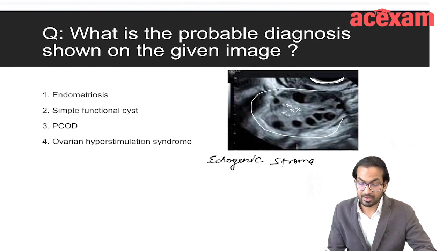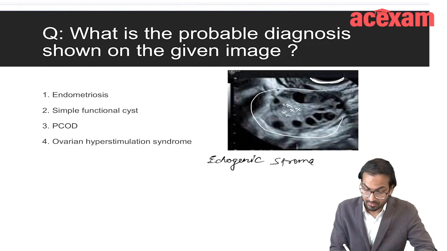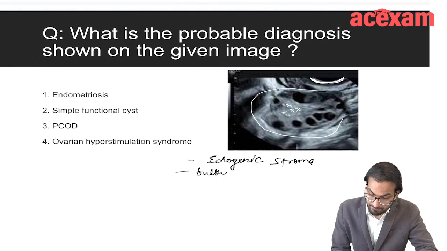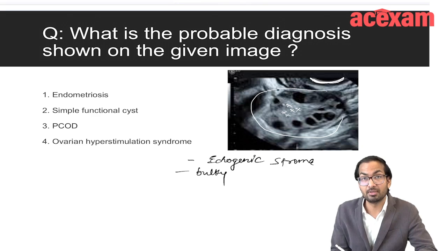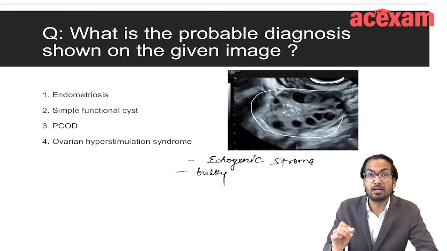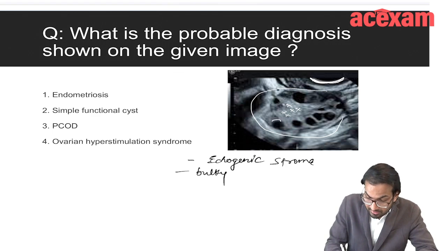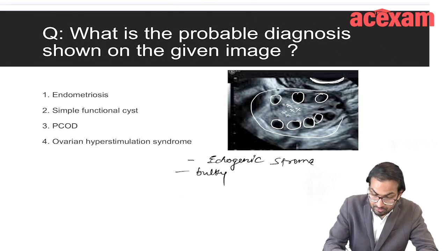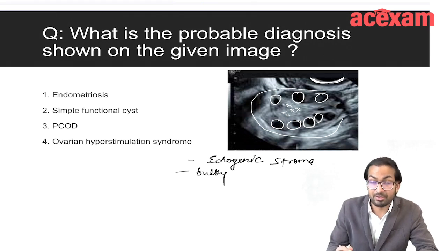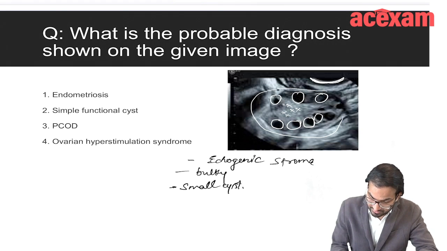So this is nothing but echogenic stroma of the ovary. The ovary is bulky. And what's the third remarkable thing you are seeing on this one? That there are multiple cysts. There are multiple anechoic cysts which are arranged peripherally like this. So when you see multiple small cysts arranged peripherally, small cysts at periphery.